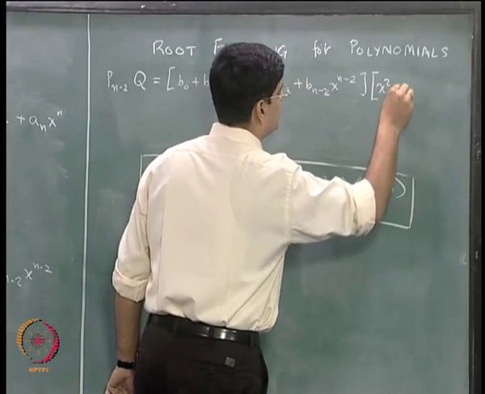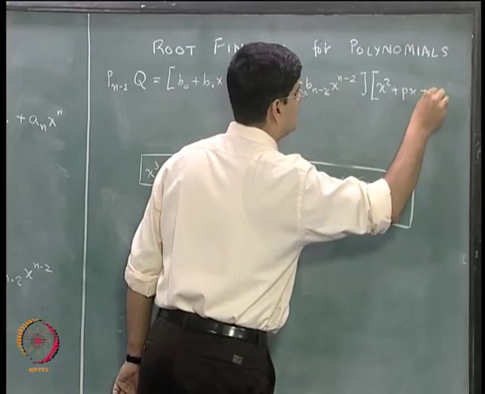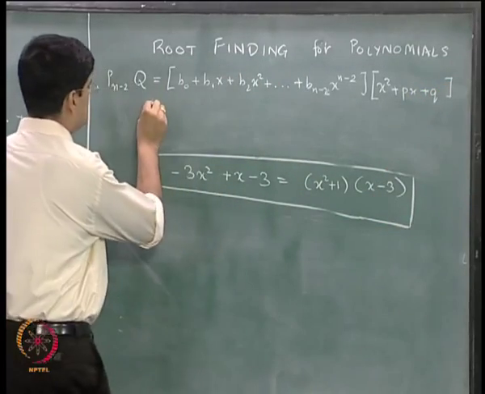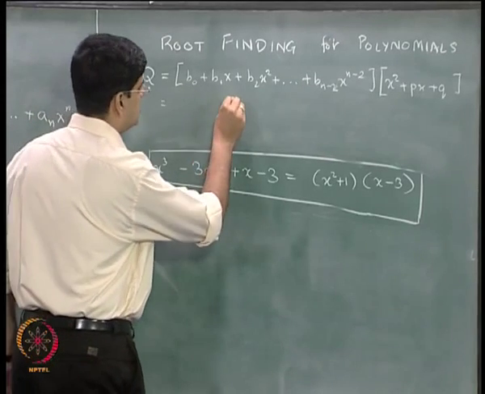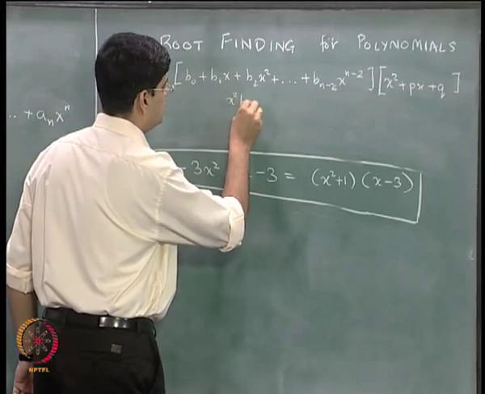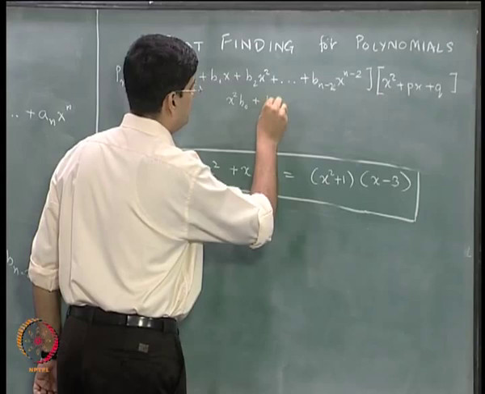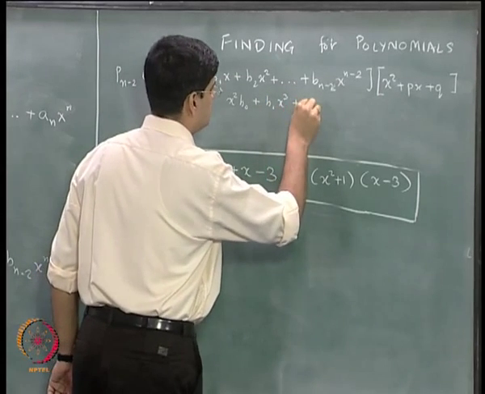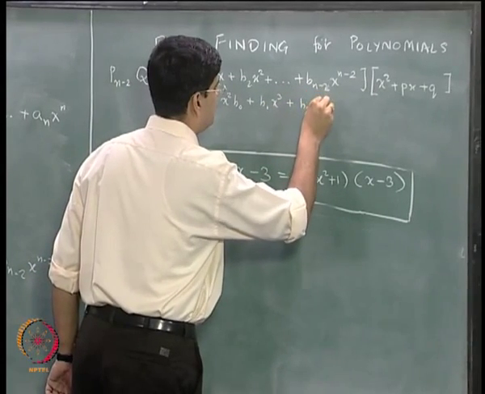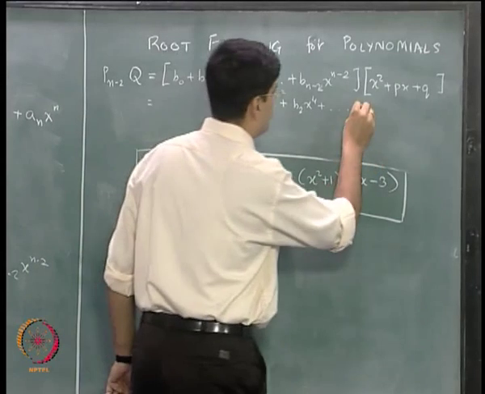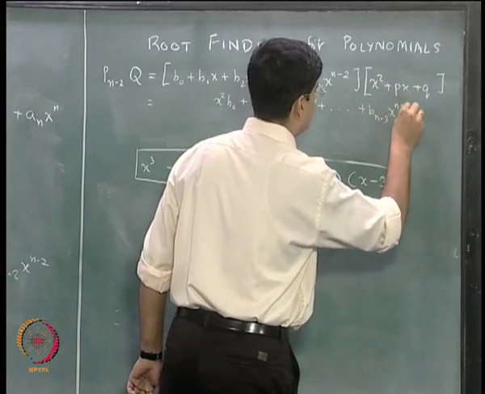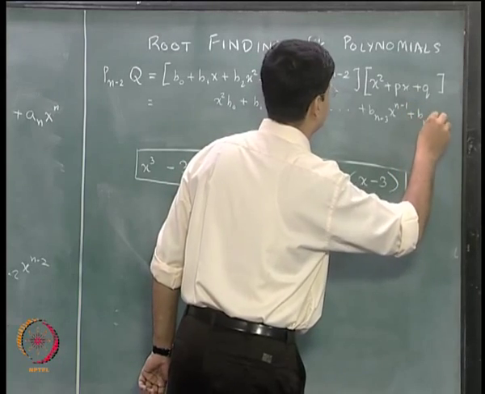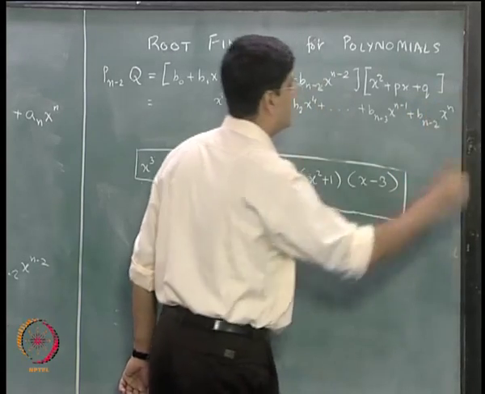multiplied by x square plus px plus q, which we would be able to write as x square b0 plus b1 x cube plus b2 x to the power 4 and so on up to bn minus 2 x to the power n.